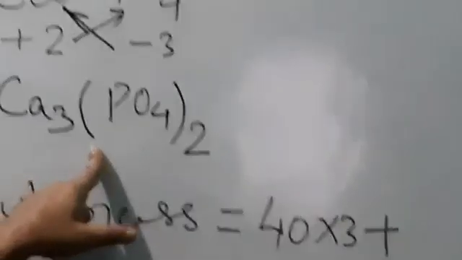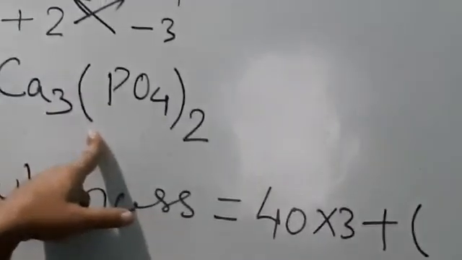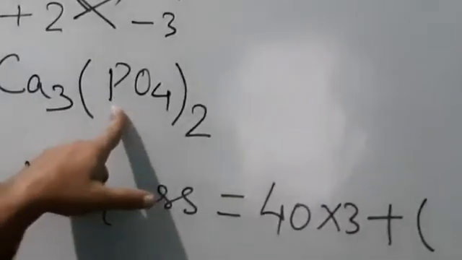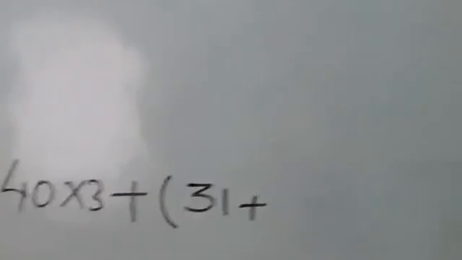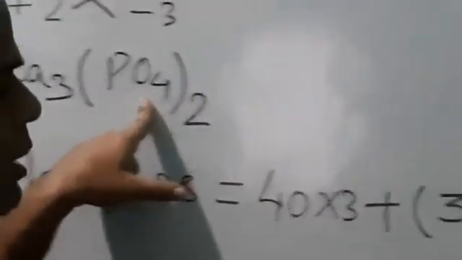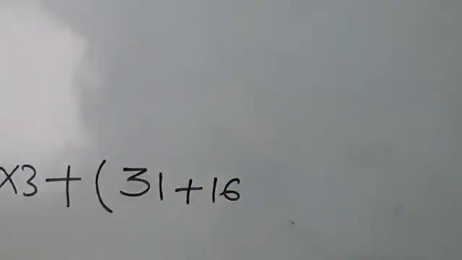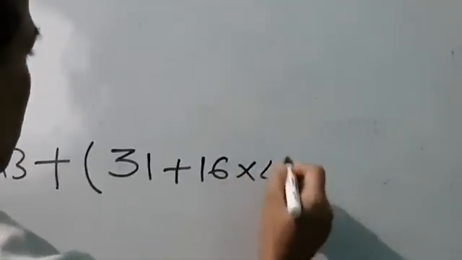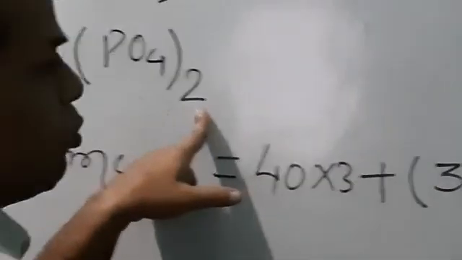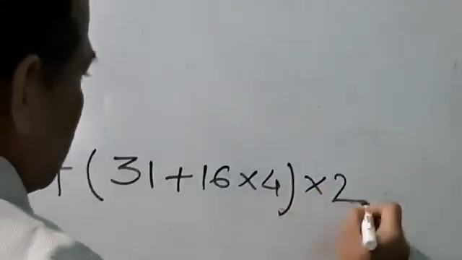Now there is a bracket, so let us make use of the bracket. Now phosphorus atomic mass is 31 plus oxygen 16. How many oxygen? 4. 16 into 4, the whole into 2.